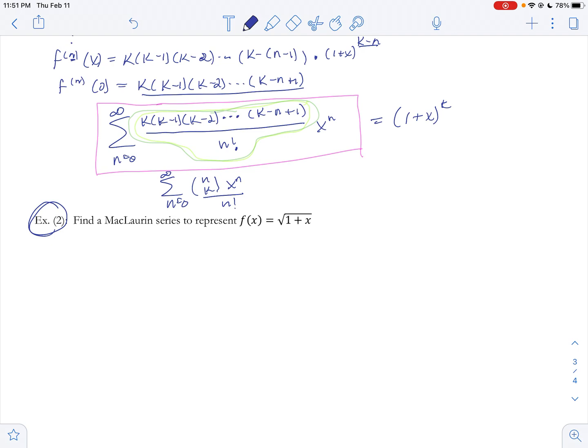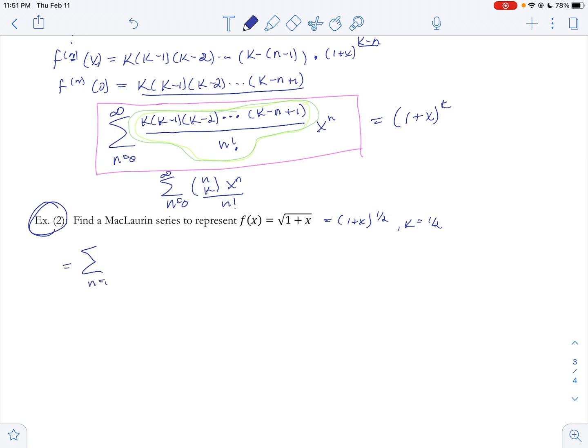In this example, f of x is equal to 1 plus x to the power of 1/2. So that's our k. K is 1/2, and we want to use this formula.